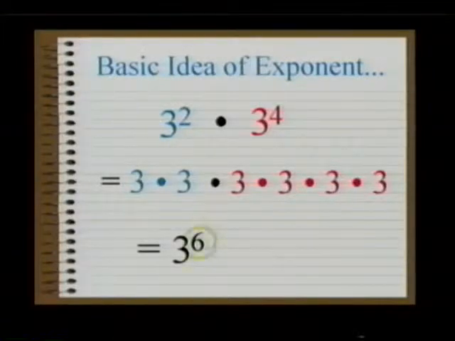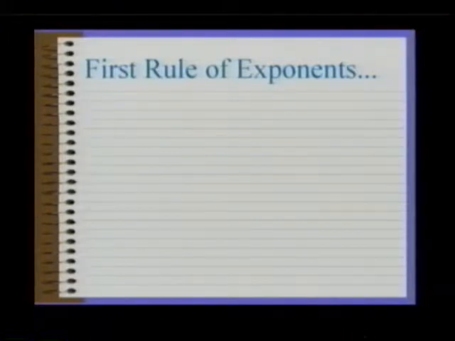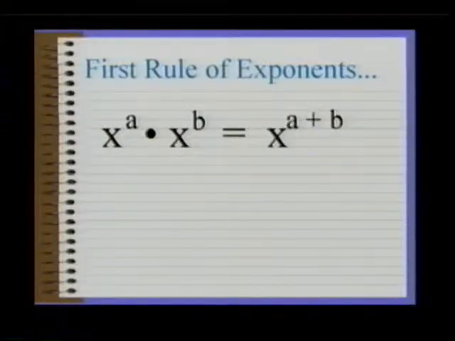So, if you look at the 6, and you look at the relationship between the 2 and the 4, it shouldn't surprise you, I hope you remember, the first rule of exponents. And the first rule of exponents is, as long as you have the same base, x to the a times x to the b is x to the a plus b.